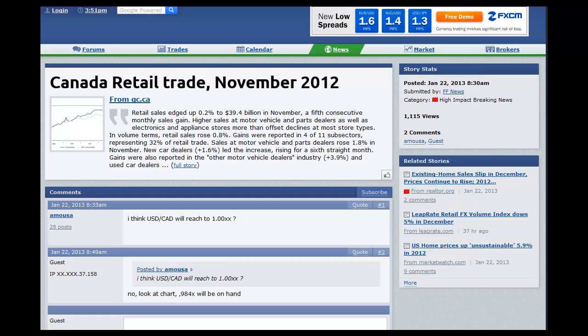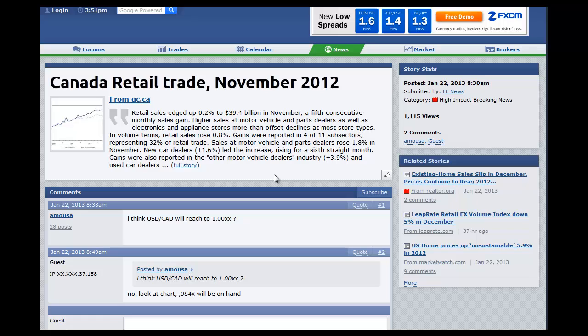Now, that month to month on the core retail sales, even though they are down, the results that came out in the sentiment, higher sales at motor vehicle and parts dealers, which are excluded from core. We had new car dealers plus 1.6% led the increase, rising for 6 straight months. So car sales are on the gain in Canada.